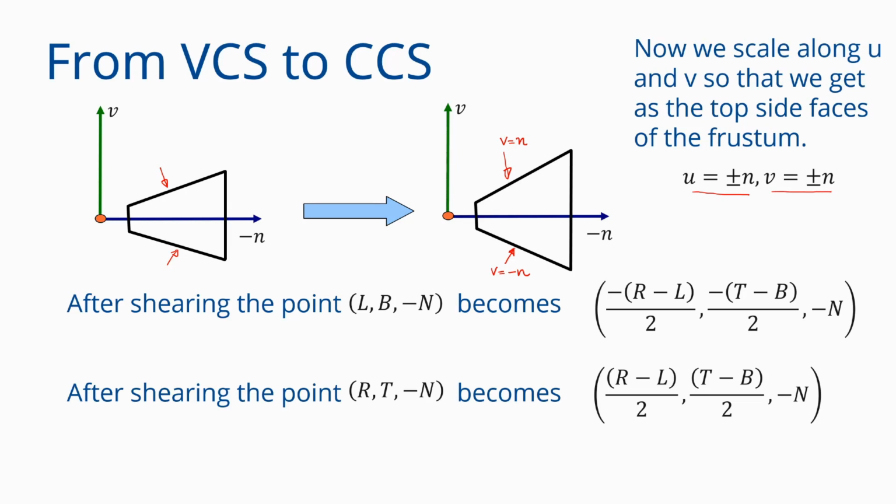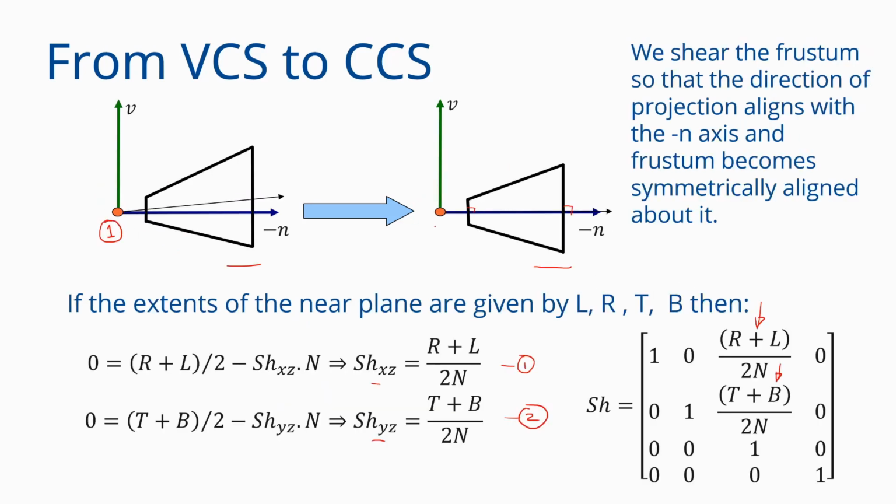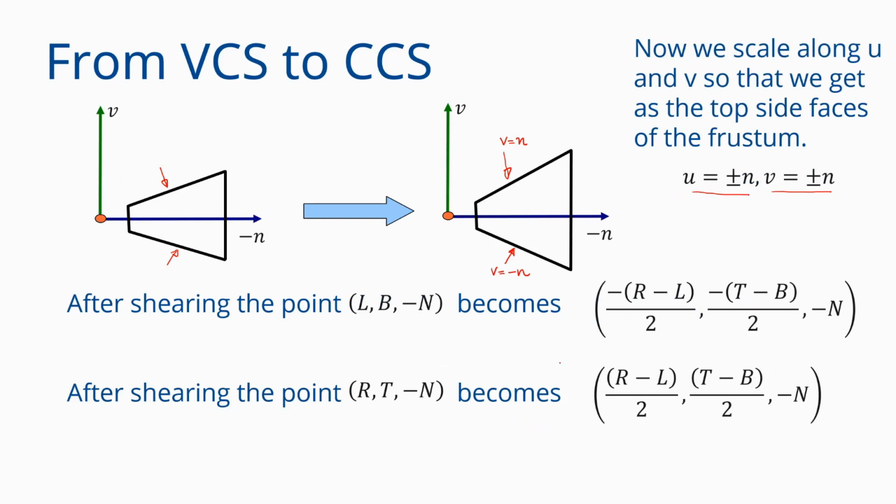Again, how will you find that transformation? If you consider your starting view frustum, let us call this frustum 1, and by applying a shear we took it to frustum 2. So in frustum 1, the left bottom corner, right? A point here will have the coordinates L, B, minus N. So this is a coordinate in frustum 1.